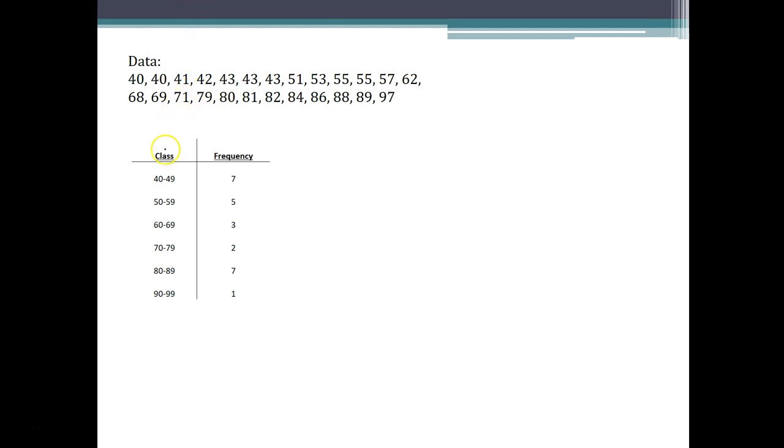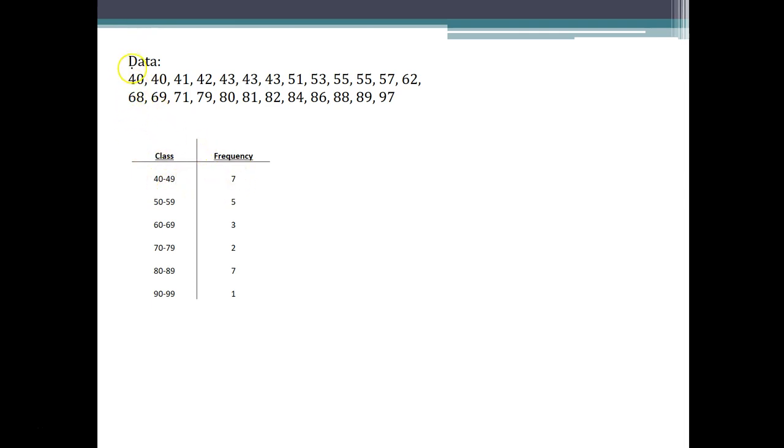Notice on the left side you have your class column, and in this case the classes are 40 to 49, 50 to 59, 60 to 69, 70 to 79, 80 to 89, 90 to 99. So the class from 40 to 49 should cover all the data points from 40 to 49 inclusive. Then the class from 50 to 59 includes all data points that fall within that range, including 50 and 59, and so on.